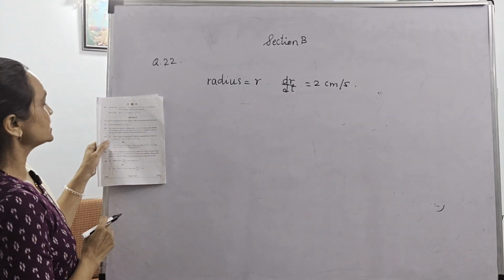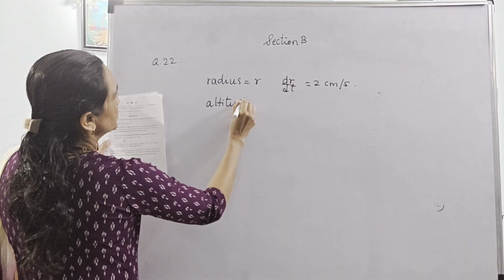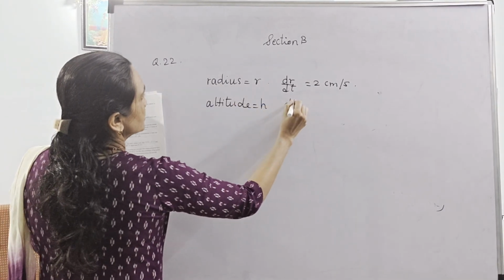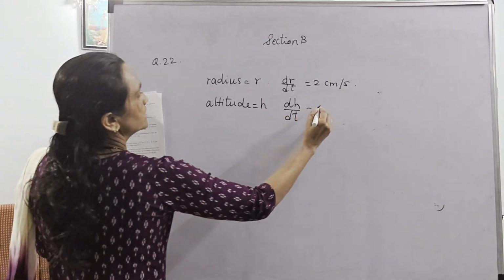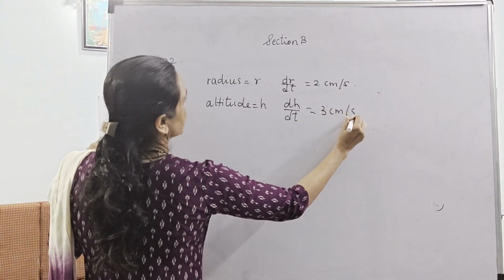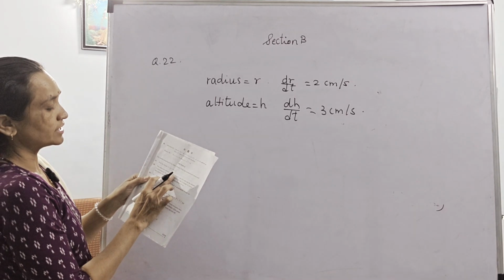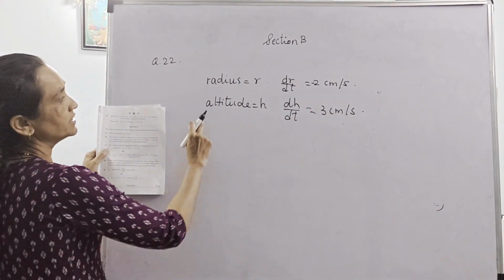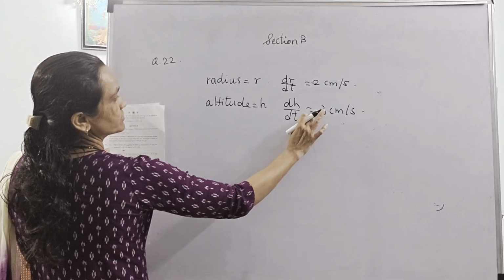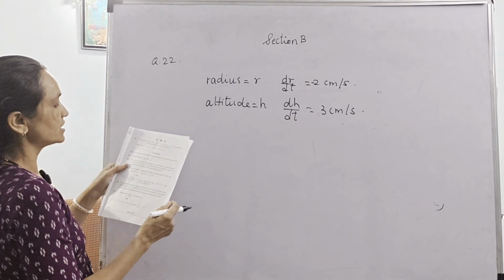And the altitude is increasing, so let the altitude be h. dh by dt is equal to 3 cm per second. Since the radius is decreasing, I will denote it by a negative sign, and the altitude is increasing, so positive sign. Now find the rate of change of volume of the cylinder.